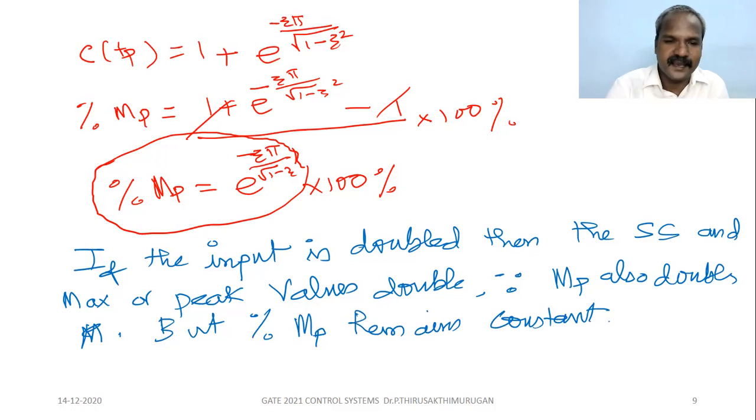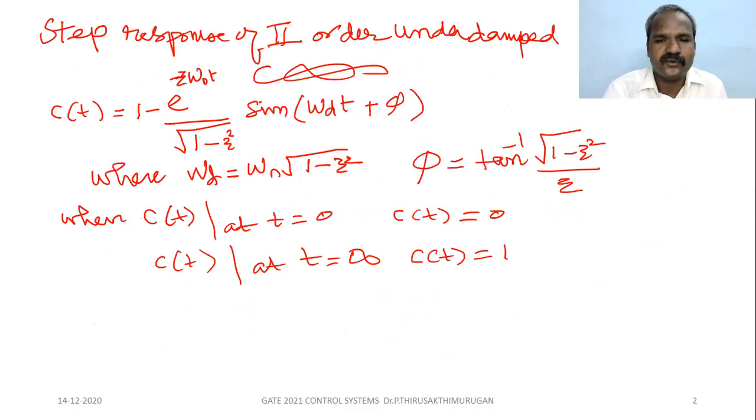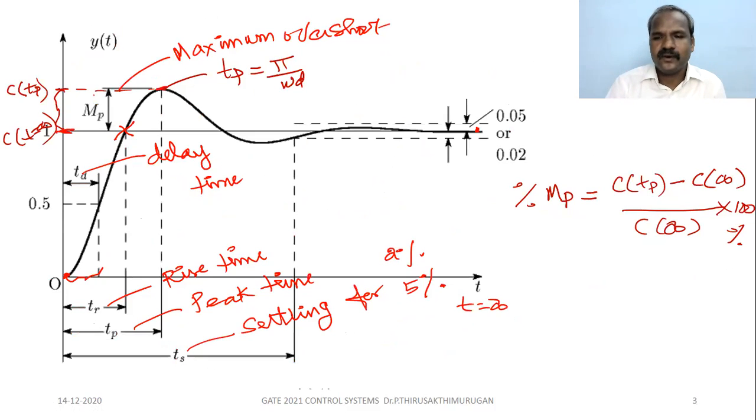Then settling time. Actually, settling time I explained for two ranges, one for two tolerances. In this diagram, there are two terms in the expression.